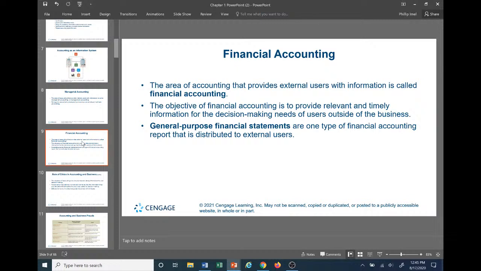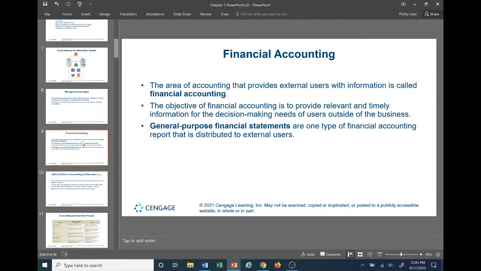Next, we have financial accounting. This is the area of accounting that provides external users with information. The objective of financial accounting is to provide relevant and timely information for the decision-making needs of users outside of the business. Like we said, those are investors, creditors, the government, customers, suppliers, stuff of that sort.